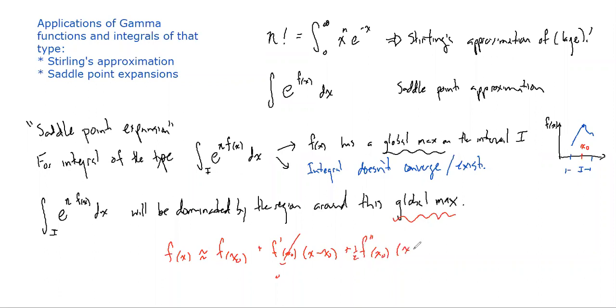Got 1/2 there. So we have a value, and then we have a second derivative, and this is going to be the most important term. Technically, this should be delta x cubed. So this value itself is small, like the deviations from x naught.